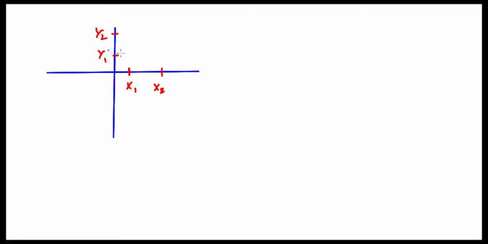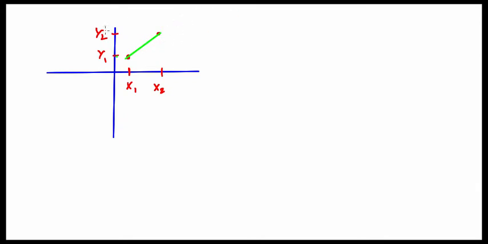So recall that in your algebra class, suppose you're told to find the slope of a line. For example, there are two points, x1 and x2, with y1 and y2, and you want to calculate the slope of the line connecting them.